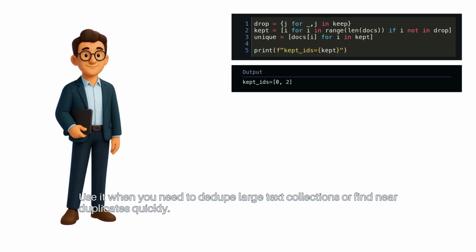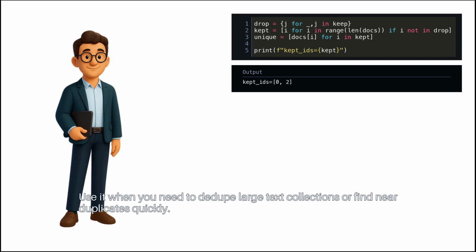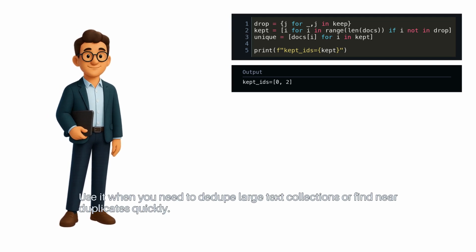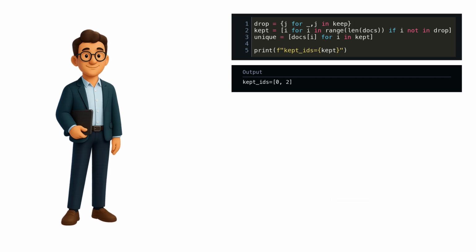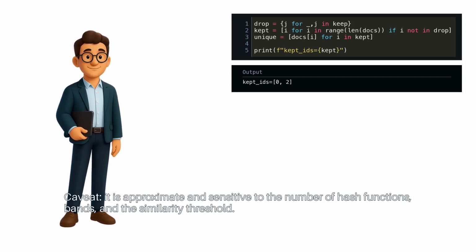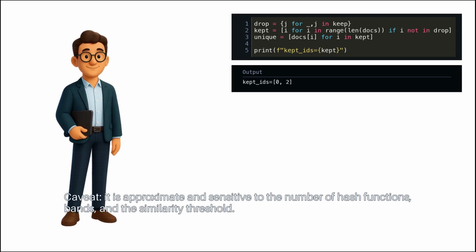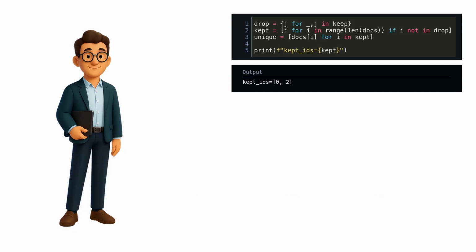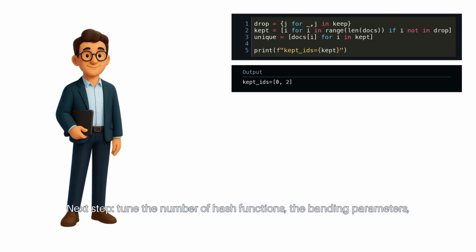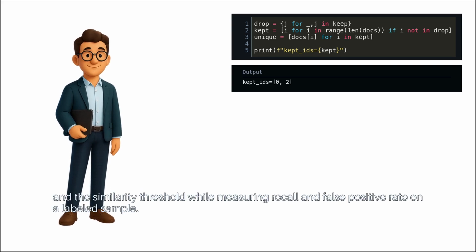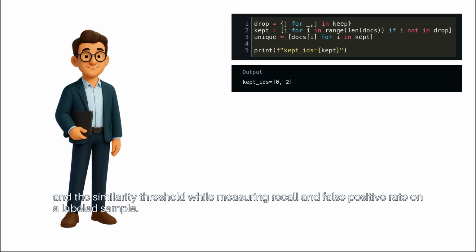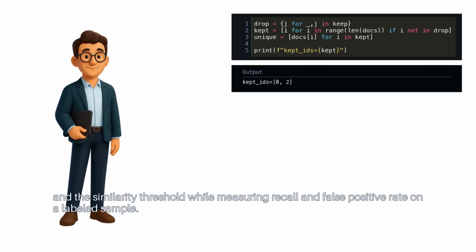Use it when you need to dedupe large text collections or find near duplicates quickly. Caveat: it is approximate and sensitive to the number of hash functions, bands, and the similarity threshold. Next step: tune the number of hash functions, the banding parameters, and the similarity threshold while measuring recall and false positive rate on a labeled sample.